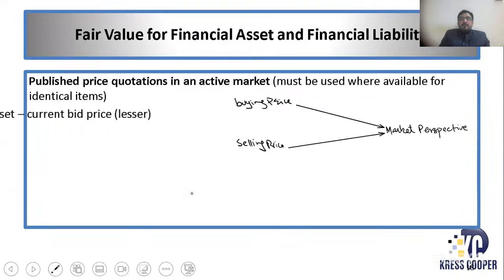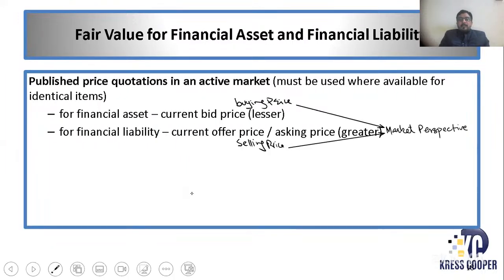So fair value for financial assets and financial liabilities: when we look into the market, you see two prices appear, buying and selling. The market will be selling at a price to the buyer. Supposedly, you are the entity buying something from the market, you would be given an offer price.